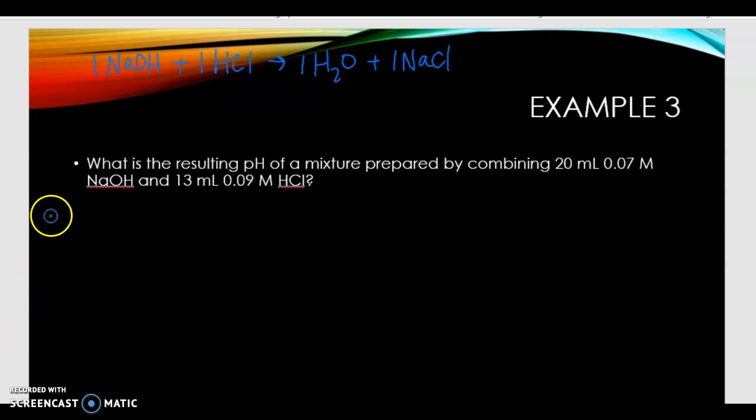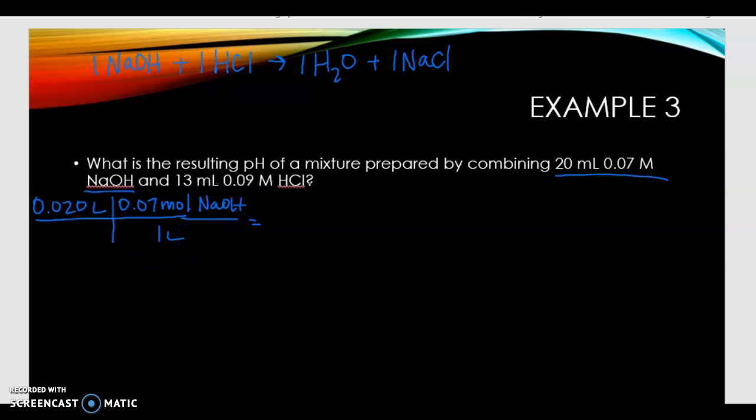So we're going to use our volume and our molarity. We have 20 milliliters and 0.07 molar that are going together for NaOH. So we're going to change that milliliter into liters. We have 0.020 liters and 0.07 moles of NaOH for every 1 liter.